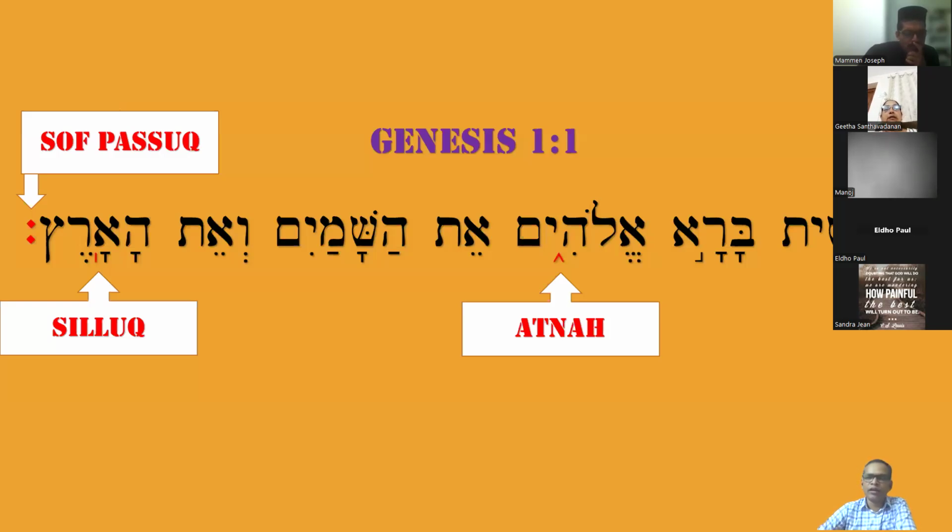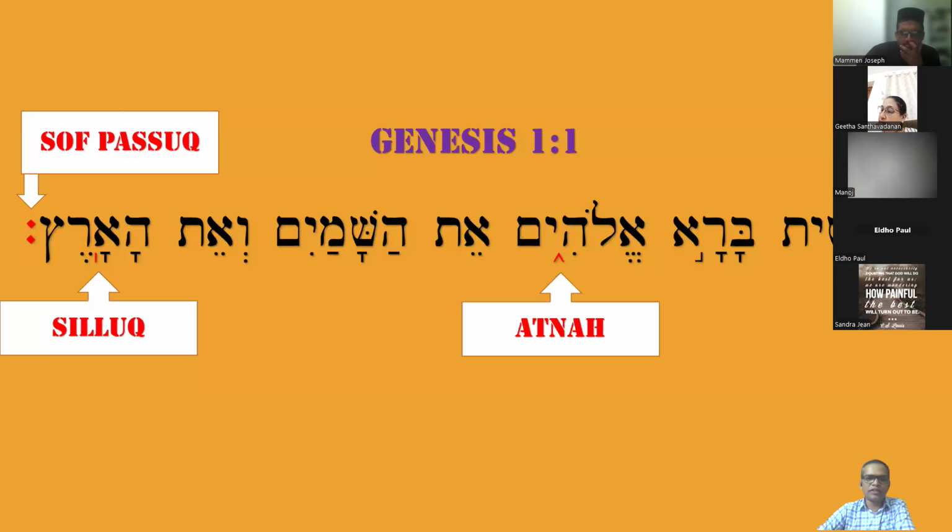In a verse in Hebrew, you will not have any punctuation. You will not have a comma or full stop. Only the accents will indicate where we need to give a pause. Only the accents will help us understand which is the first half of the verse, which is the second half of the verse, and where the verse ends.